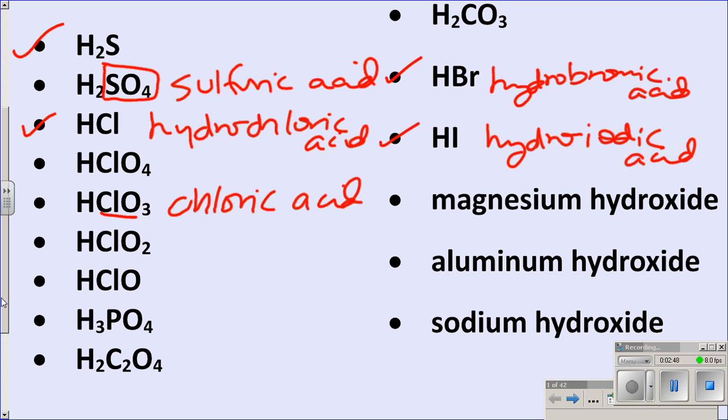Good. Name that polyatomic ion. Hold on, the polyatomic is what? Chlorite, and the acid is? Chlorous acid, right. Because that's the ite and ous, they go together. So that's chlorite, and chlorite goes to chlorous acid.